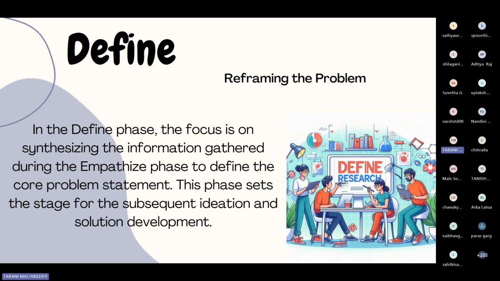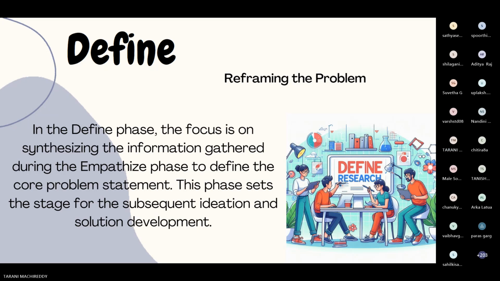Now let me continue with the define phase. In the define phase, the focus is on synthesizing the information gathered during the empathize phase to define the core problem statement. We synthesize the information we gathered from all the users and the people around us and make a core problem statement.